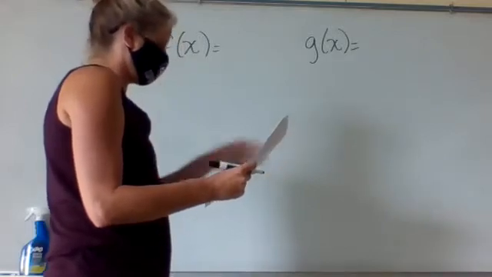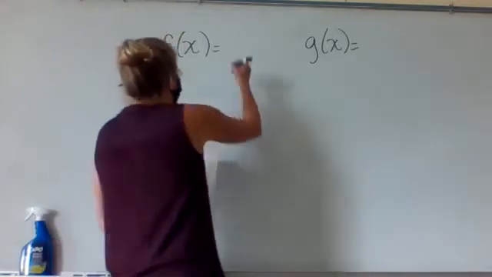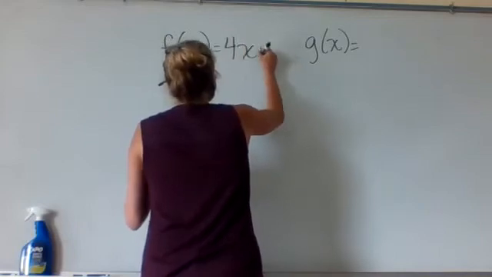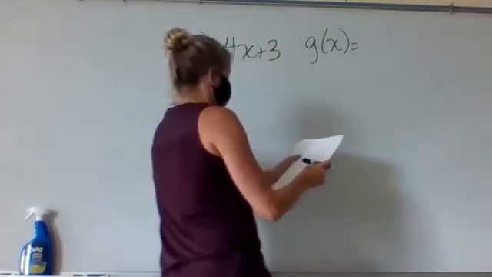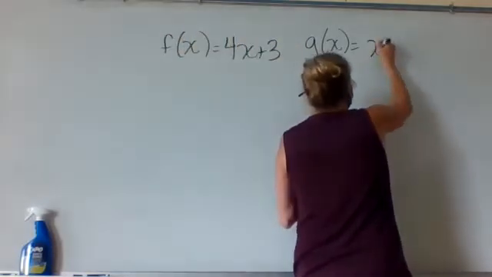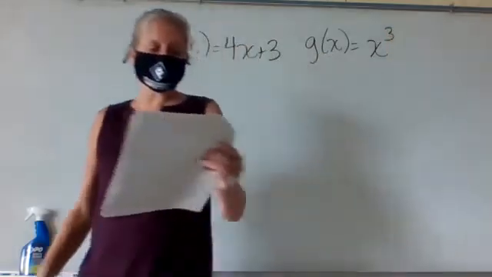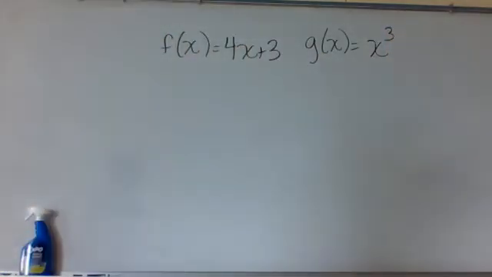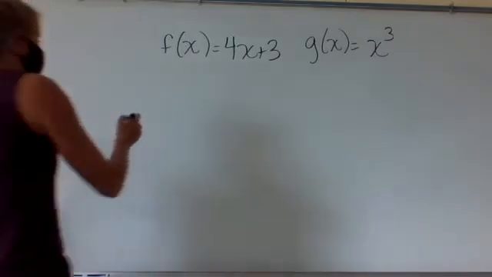So on 16, f of x equals 4x plus 3. G of x equals x to the third. And this time it wants me to find f of g of negative 4.